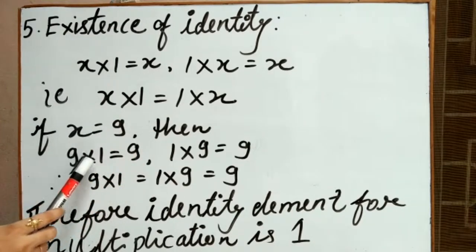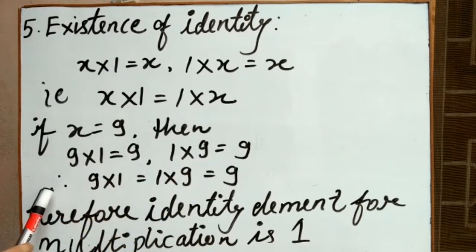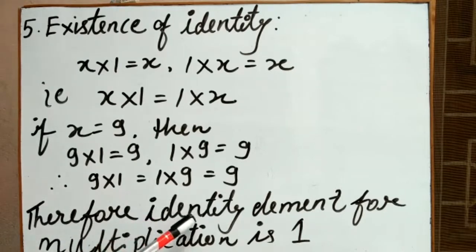Then 9 into 1 is equal to 9, and 1 into 9 is equal to 9. Therefore, 9 into 1 is equal to 1 into 9 is equal to 9. Therefore, the identity element for multiplication is 1. It means if we multiply any whole number with 1, then we will get the number itself. That's why the identity element for multiplication is 1. Understood?